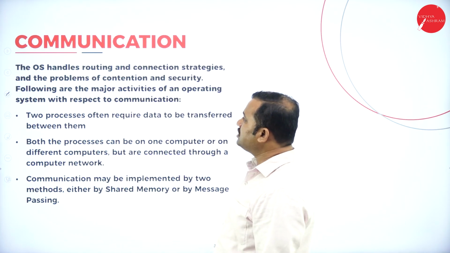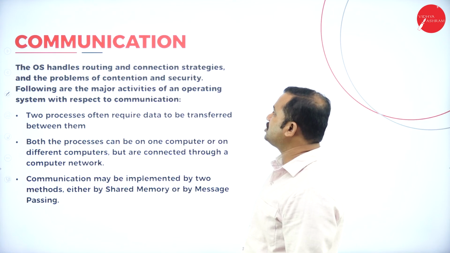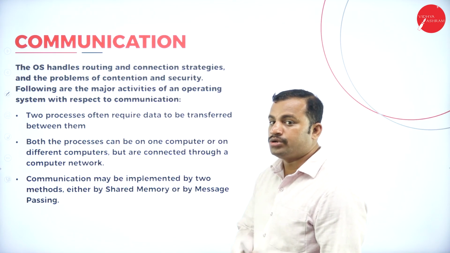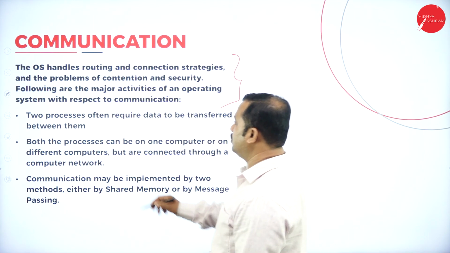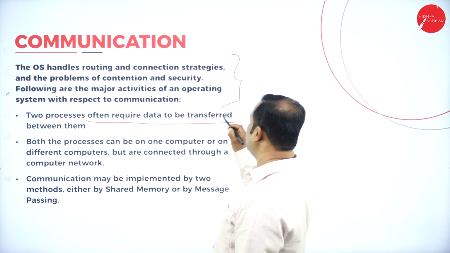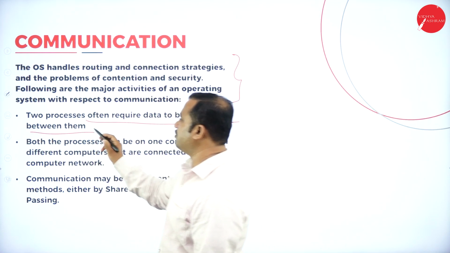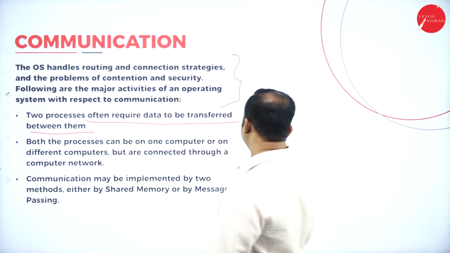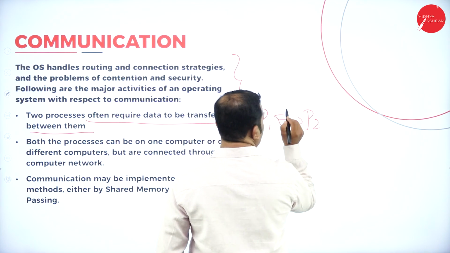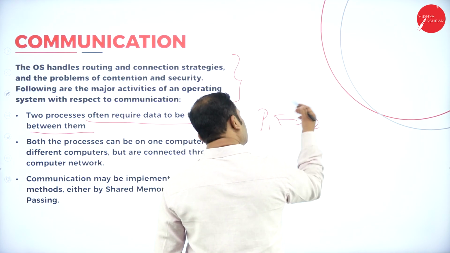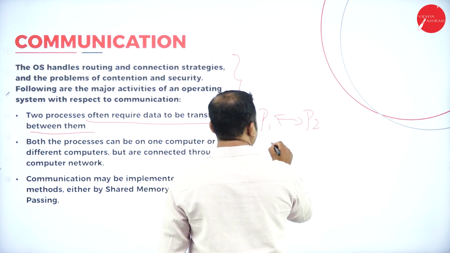Then the OS handles routing and connection strategies. It also handles the networking channels and protocols. Two processes often require data to be transferred between them. That is what I told you, that process P1 and process P2 want to communicate with one another. If that is the case, they can do so in two methods.